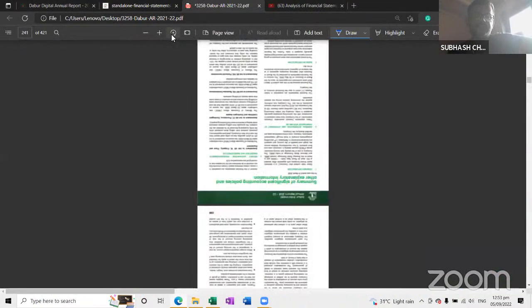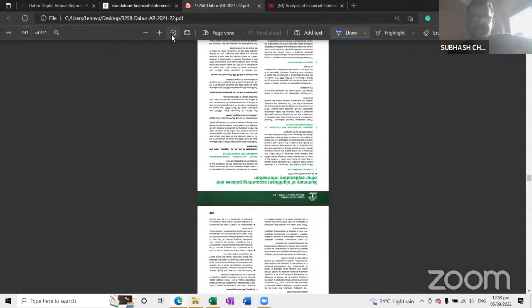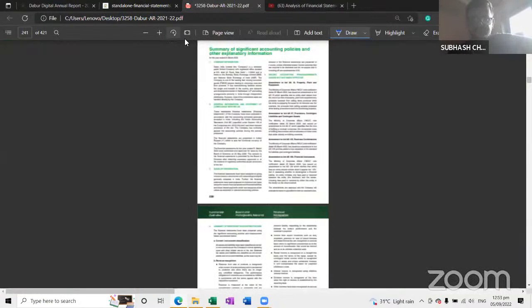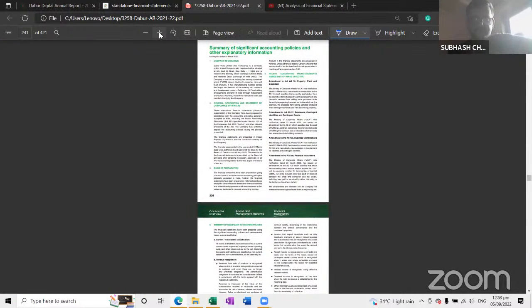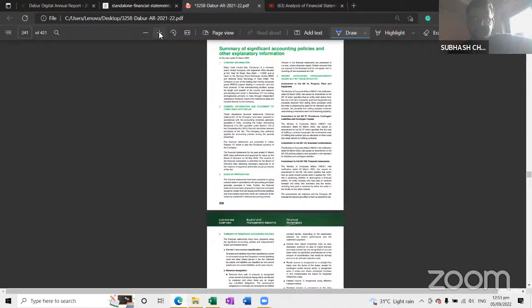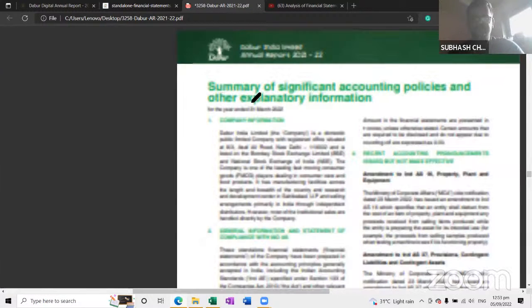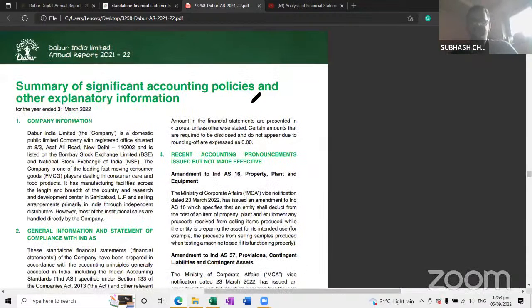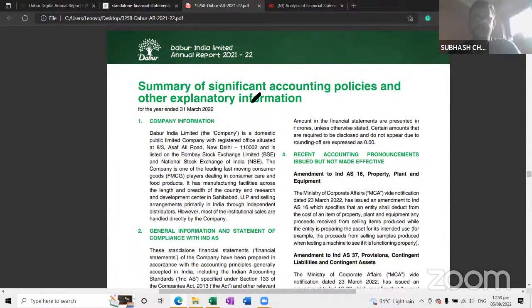Now this is a summary on the audited financial statement. Basically you can take it as disclosures and significant accounting policies.